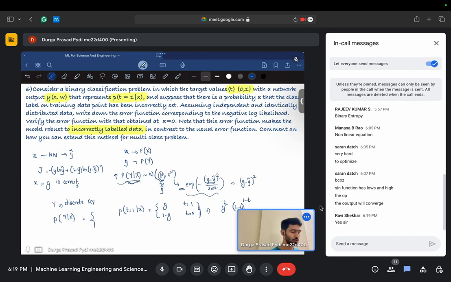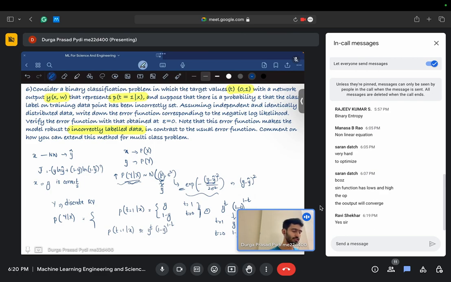When t equals 1, this particular quantity will go off and you will be left with y. If t equal to 0, this comes out to be 1 minus y. So this is exactly equal to the piecewise function here, and what I am trying to do is approximate this with this function.